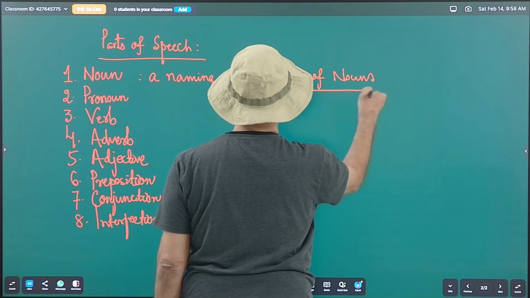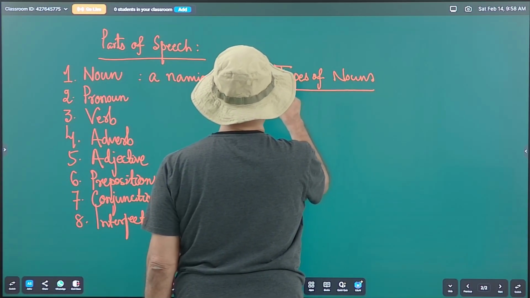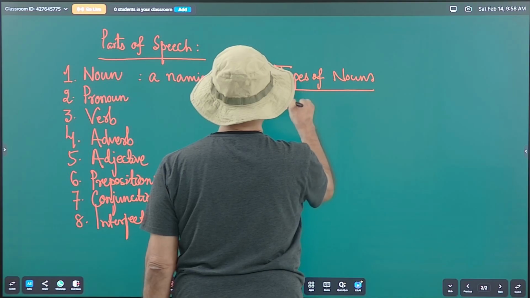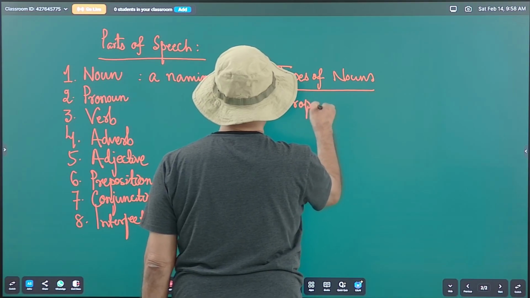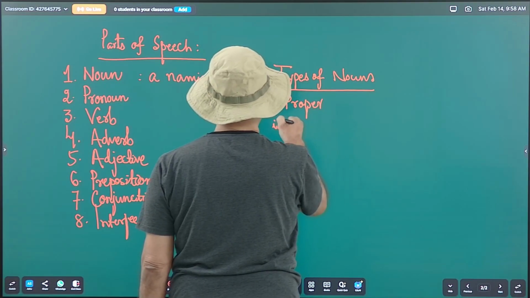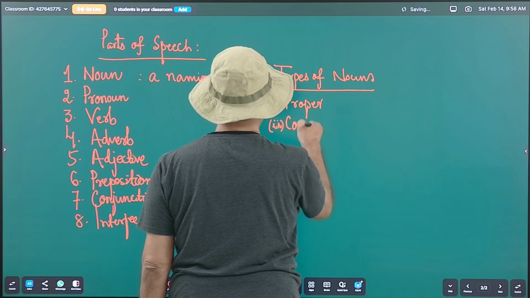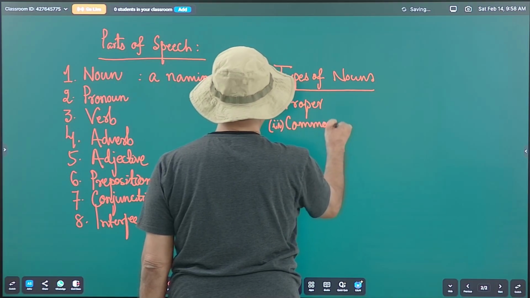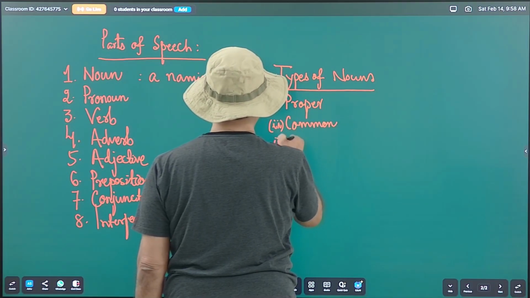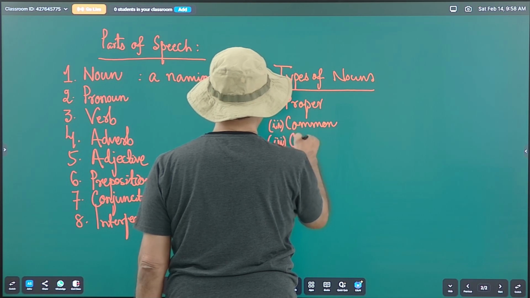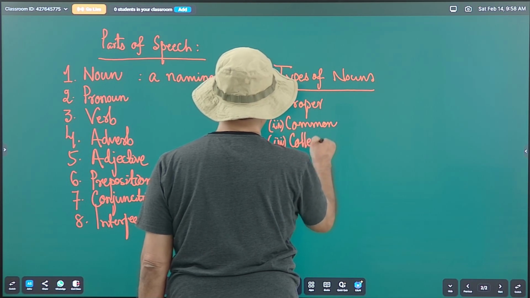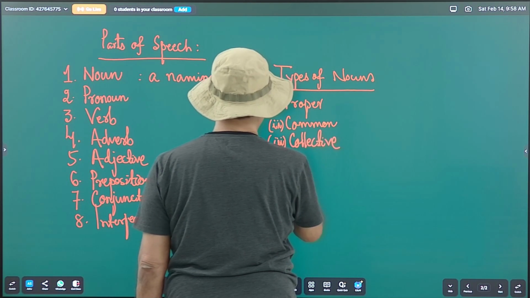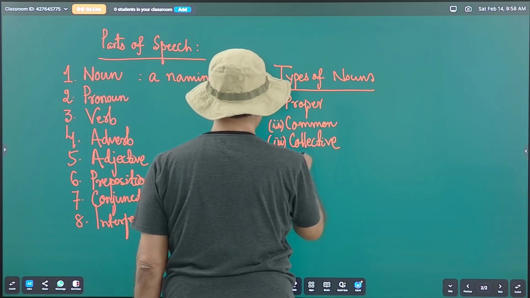What are these? First, proper. Second, common. Third, collective. Fourth, material.